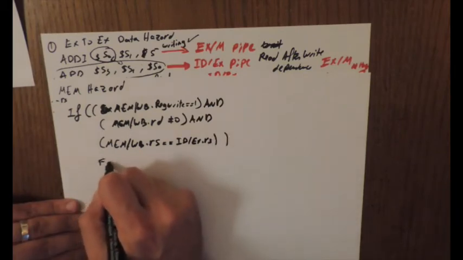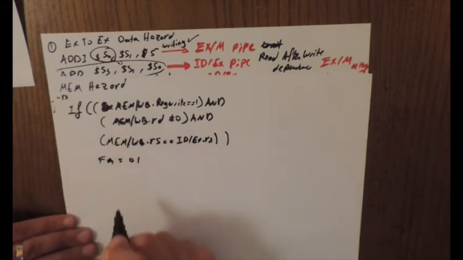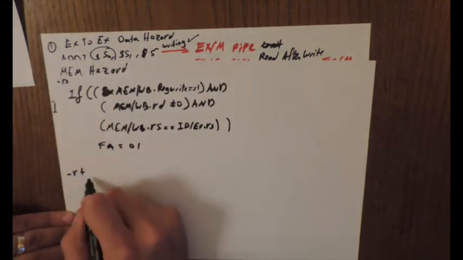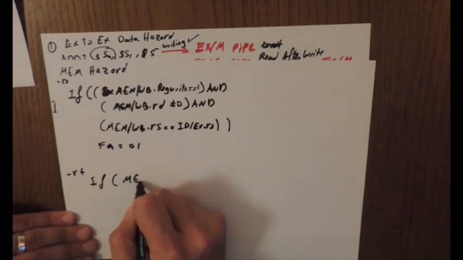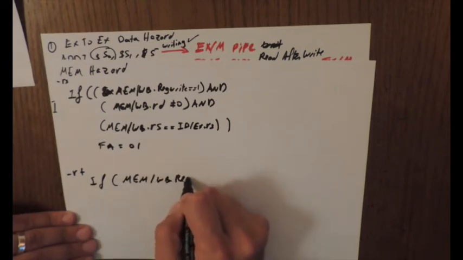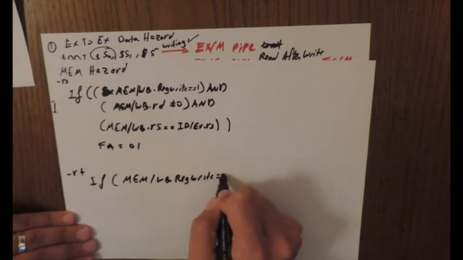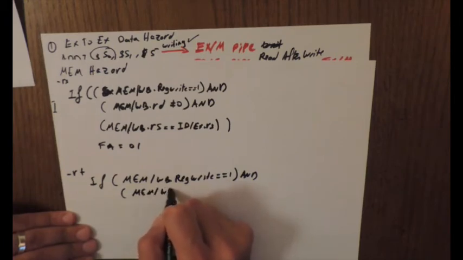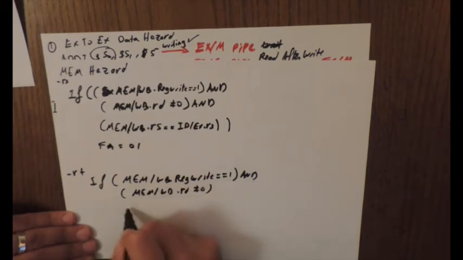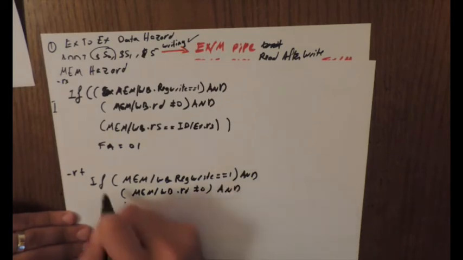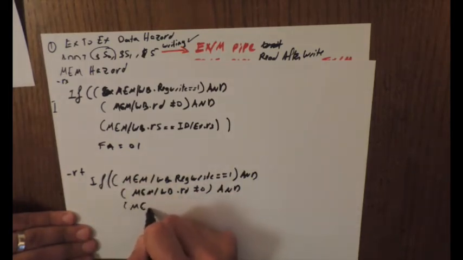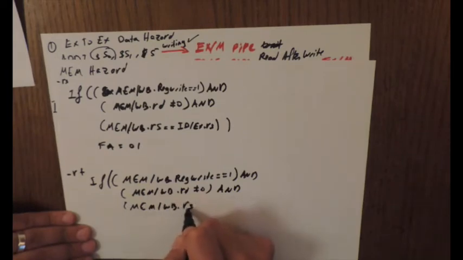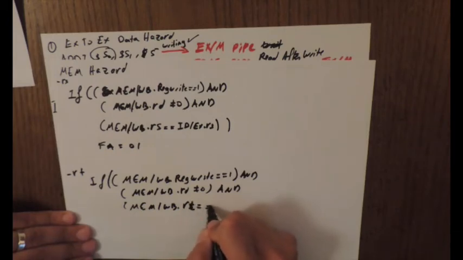In this case, FA will be 0, 1, and for the case of rt we have if memory over write back dot register write equal 1, and memory over write back dot rd not equal 0, and memory over write back dot rt in this case equal id over ex dot rt.